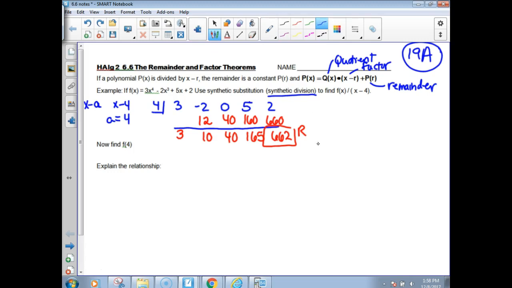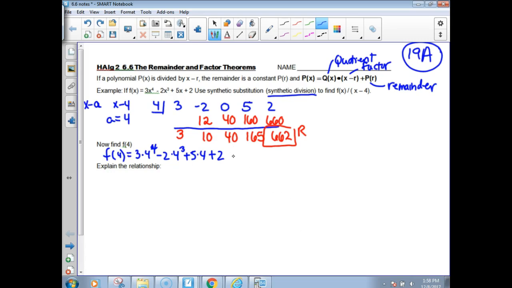Okay, so we got 662. Now it says to find the f of 4, which means to plug 4 into the function. So f of 4 would equal 3 times 4 to the fourth, minus 2 times 4 to the third, plus 5 times 4 plus 2. You just type this on your calculator.